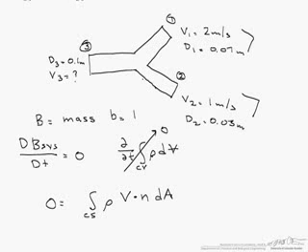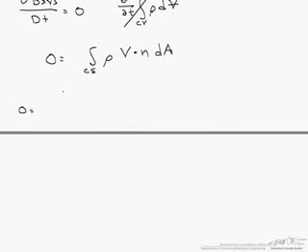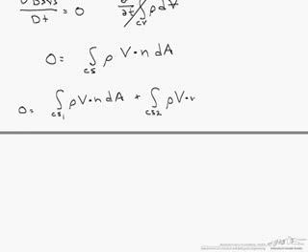So we're going to have to set up 3 separate integrals looking at all 3 of those control surfaces. 0 equals the integral over control surface 1 rho v dot n dA plus the integral over control surface 2 rho v dot n dA, and finally over control surface 3 rho v dot n dA.